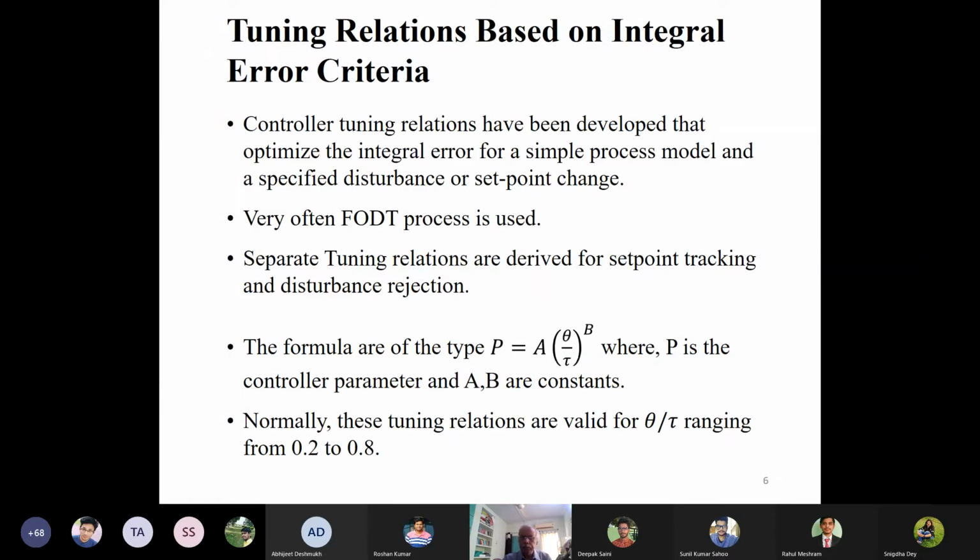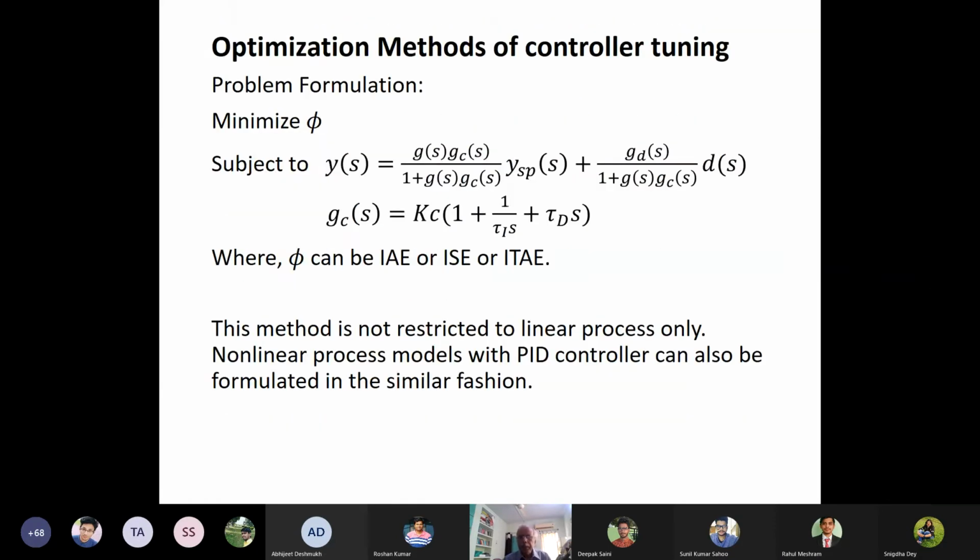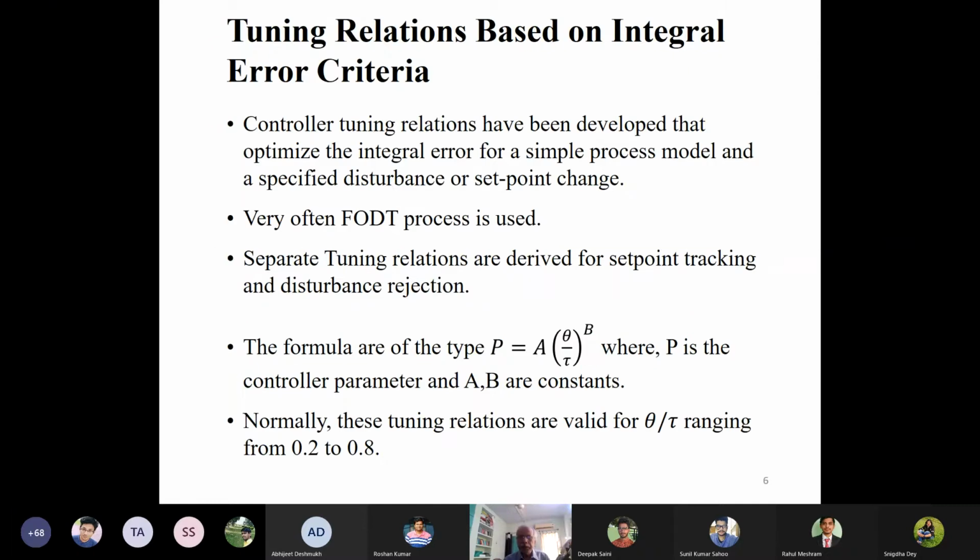In most of the cases, if I take a first order with dead time model, then you will find in the literature there are a number of research results where people have done the optimization based on the first order dead time model and the PID controller. And based on the results, they have developed tuning relationships which are based on set point tracking and disturbance rejection.